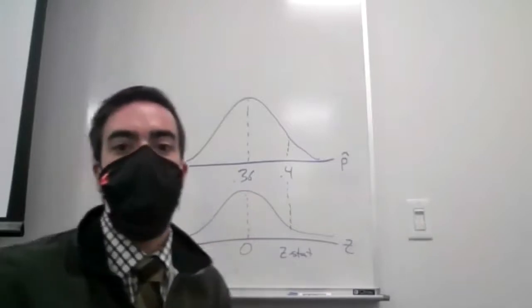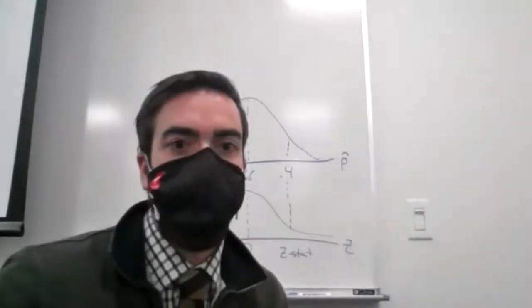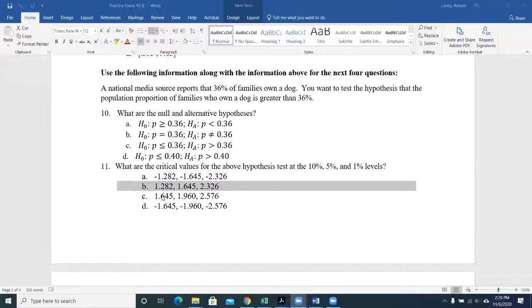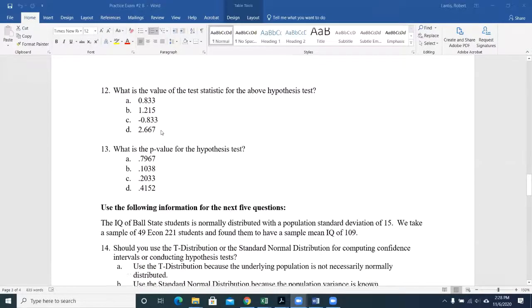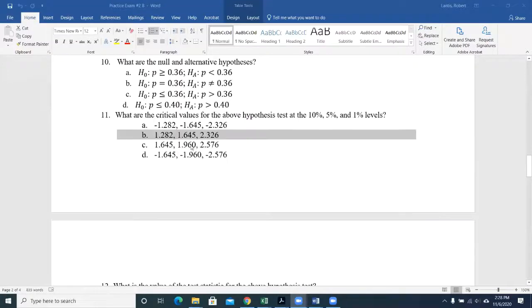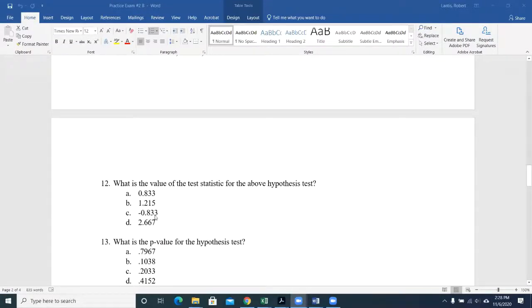So right away, I know I have a positive test statistic, which means I could just cross off C. And if I had flip-flopped the proportion and sample proportion in my numerator, I would have gotten negative 0.83. By remembering that I found something to the right of the assumed true value, it has to be a positive test statistic, which would prevent me from accidentally making that mistake and answering C.